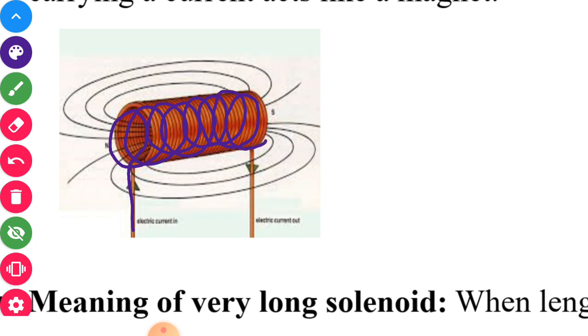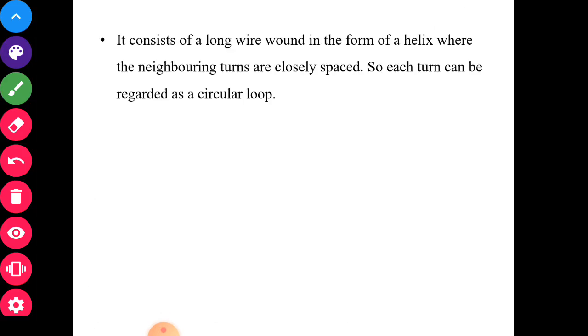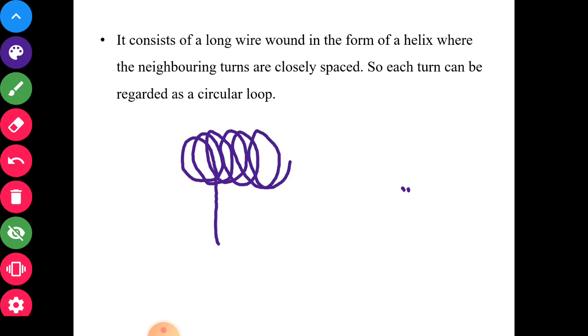Okay, and this is called the solenoid, we can say. So very long wire is taken and it is wound in the form of helix, and neighboring turns are very close to each other.